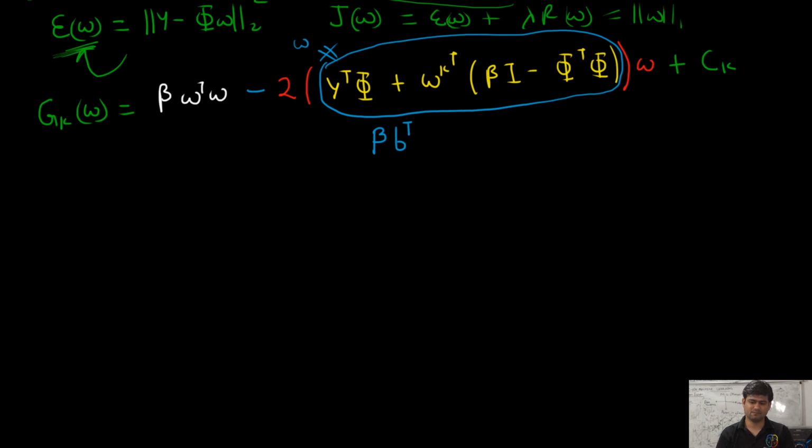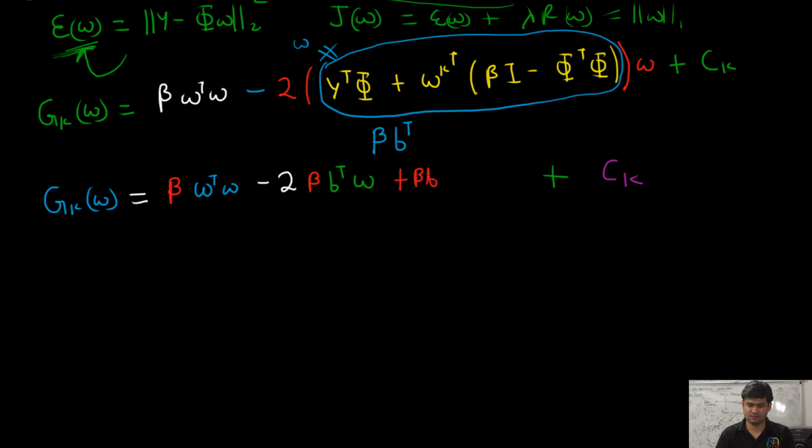So we can write g_k further simplified as beta times w transpose w, minus twice of beta times b transpose w, plus some constant c_k. Now in this term we can add beta times b transpose b as well as subtract beta times b transpose b.